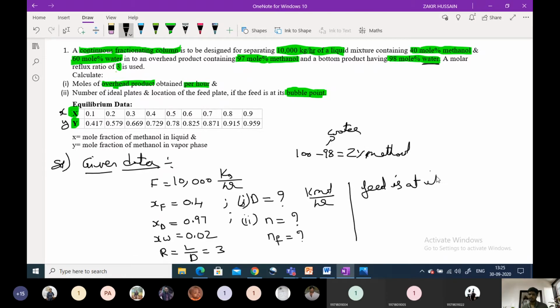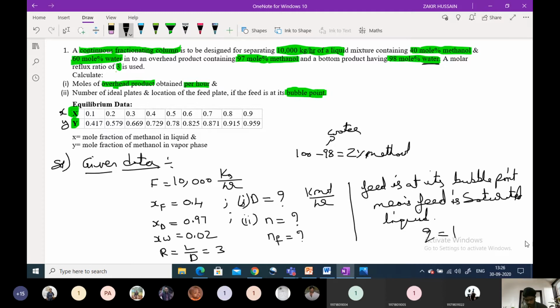That means the feed is saturated liquid. For saturated liquid, Q is equal to 1. You can verify from the earlier sections.